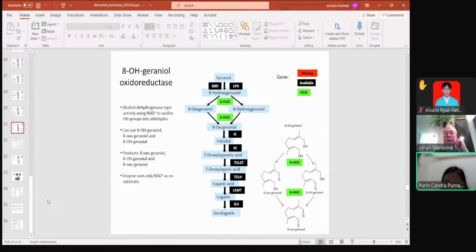So, for example, this slide here shows an oxidoreductase, which was produced in E. coli.